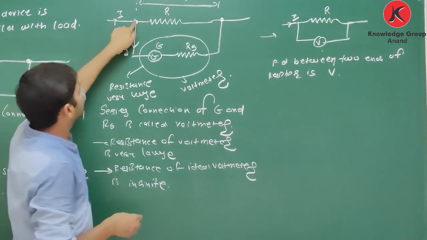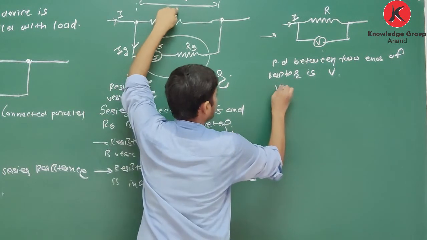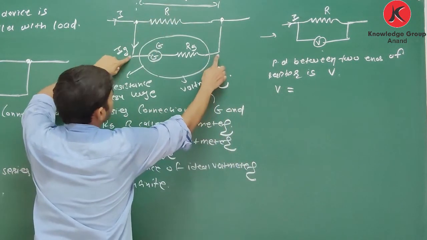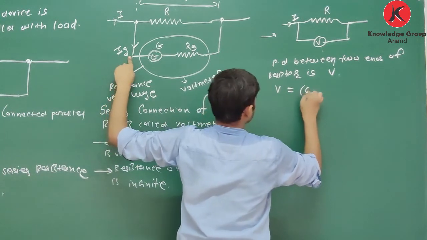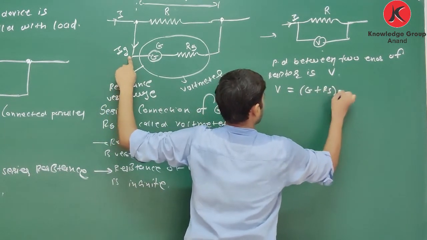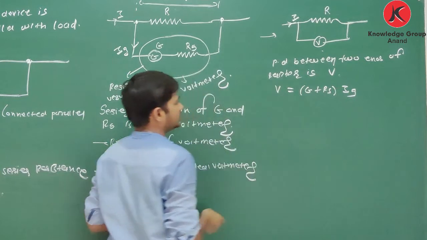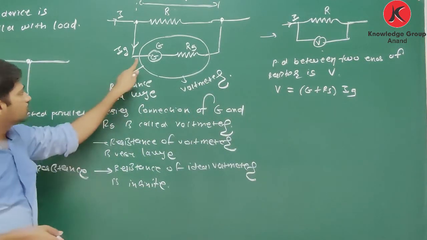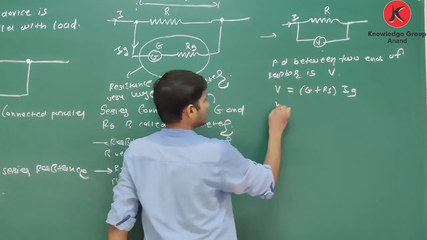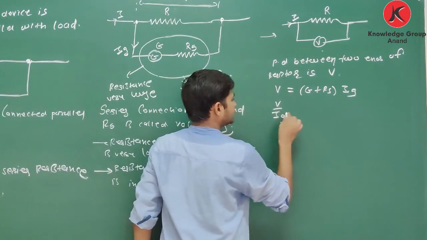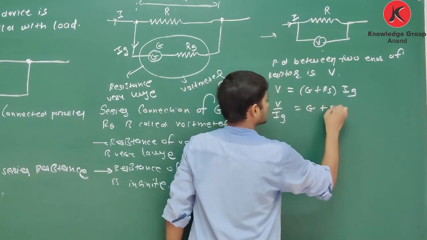See, the potential difference between these two ends V is equal to, what is the total resistance? Total resistance is G plus Rs, and what is the current? It is IG. Clear about this? So now V upon IG is equal to G plus Rs.